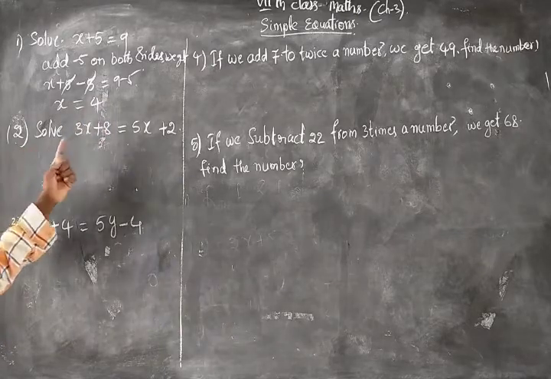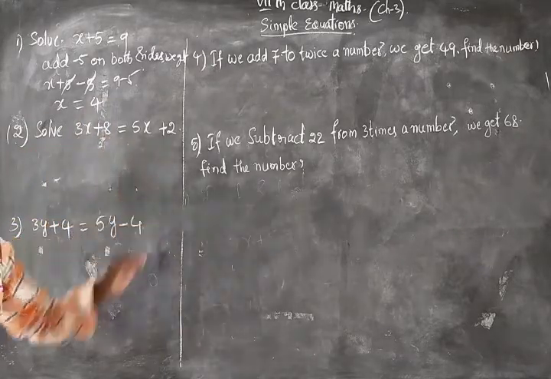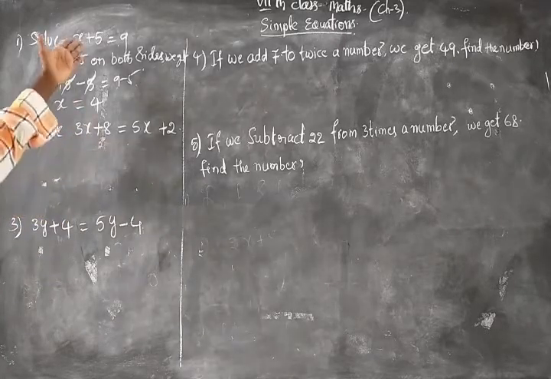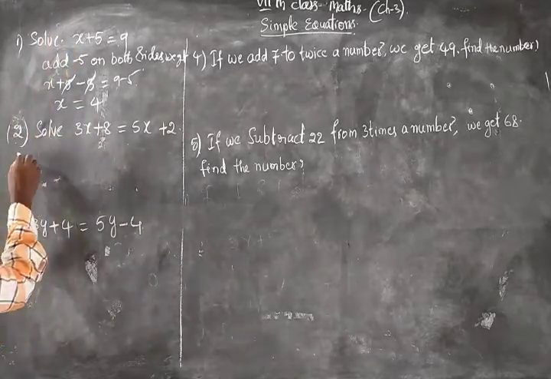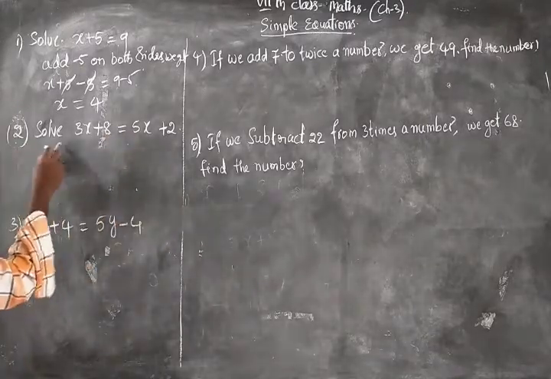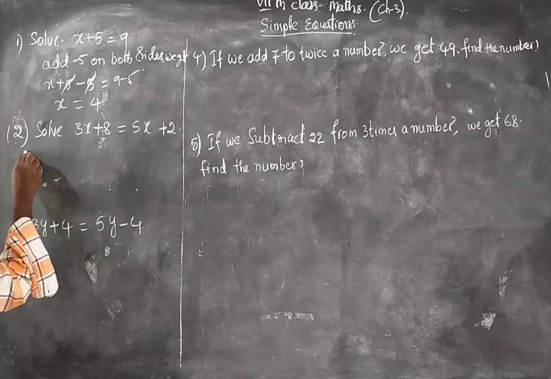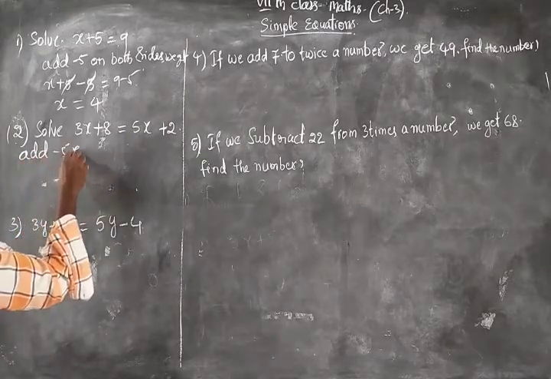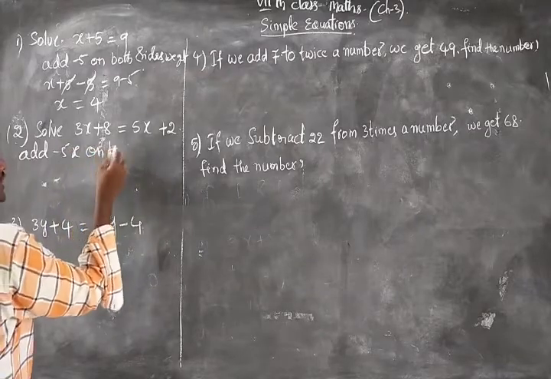Next we are trying to do 3x plus 8 equal to 5x plus 2. We do the same as in the previous problem. Let us add minus 5x on both sides.